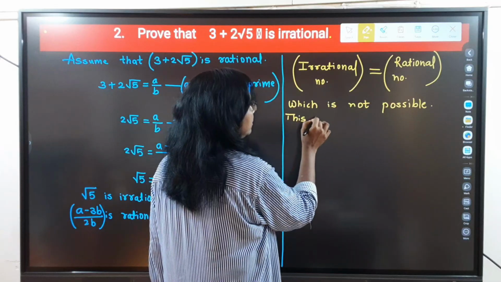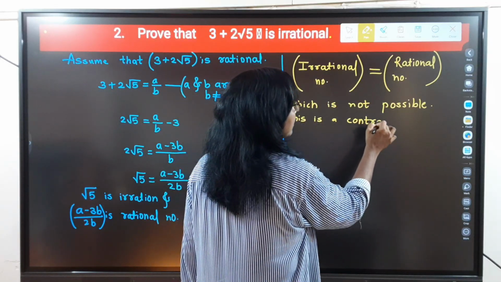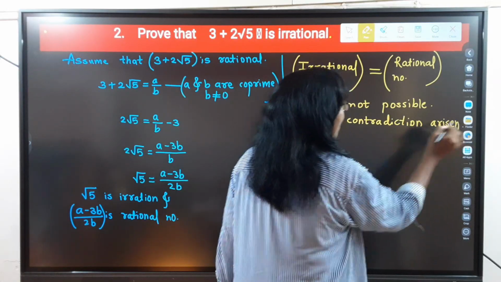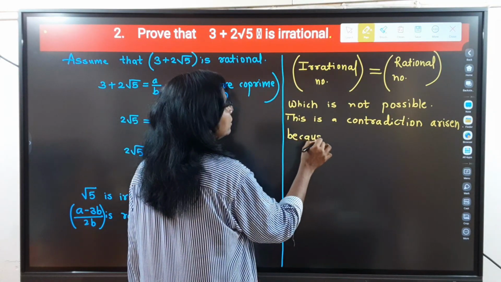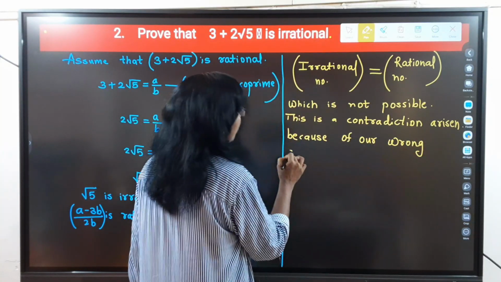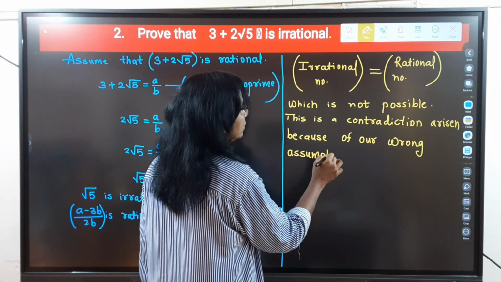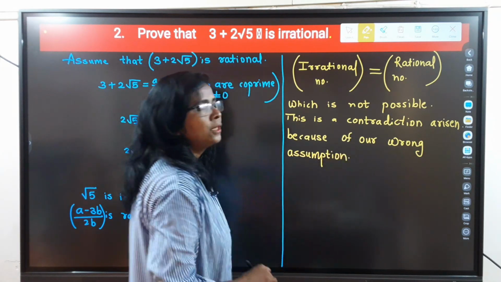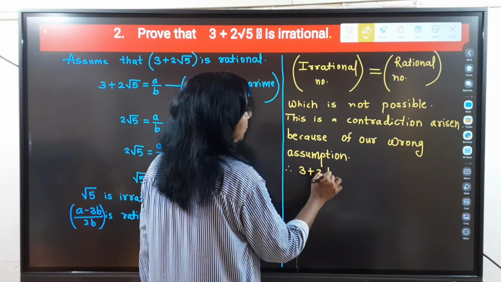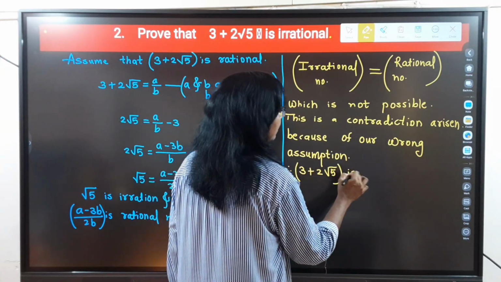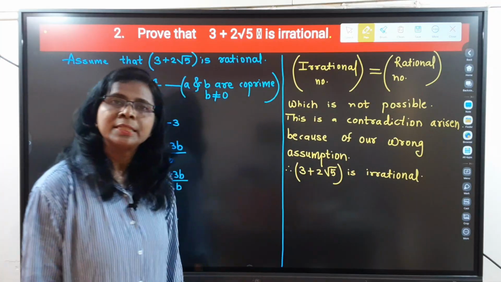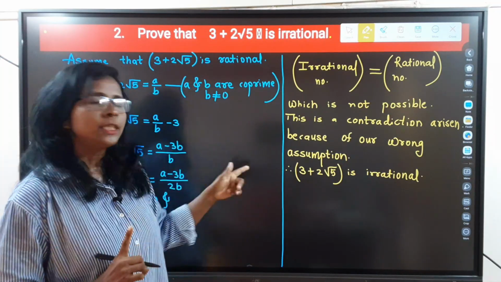This is a contradiction, and that arises because of our wrong assumption. Okay, so we correct our assumption: 3 plus 2 root 5 is irrational. Okay students, 3 plus 2 root 5 is irrational. In such a way you can solve such types of examples.